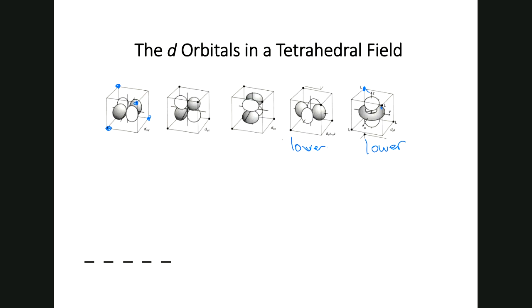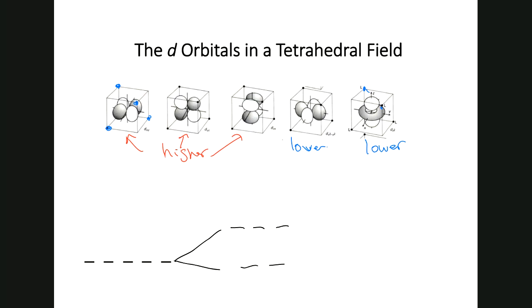And my dxy, dyz, and my dxz, I can take them as a set. Are they going to be higher or lower relative to my dx squared minus y squared and my dz squared? All right, we have higher. So now, if I were to draw the splitting diagram for tetrahedral, here's my isolated ion. I'm now going to have 3 up top and 2 below.